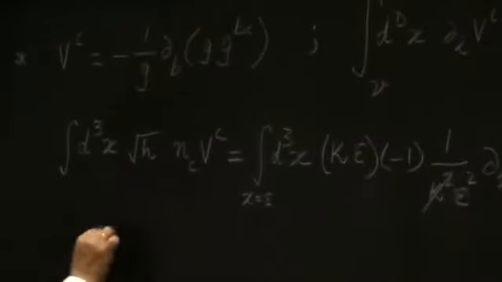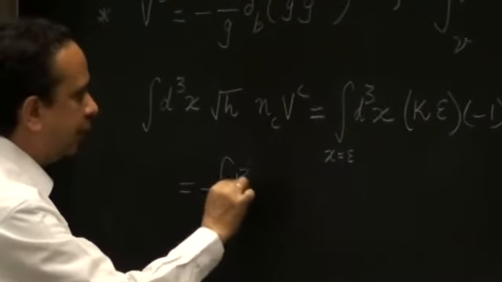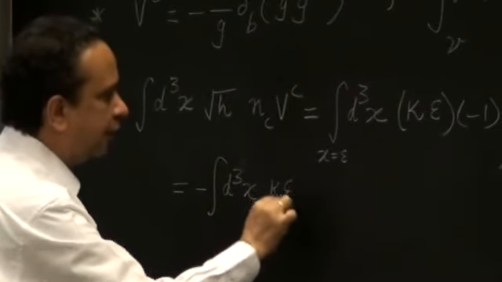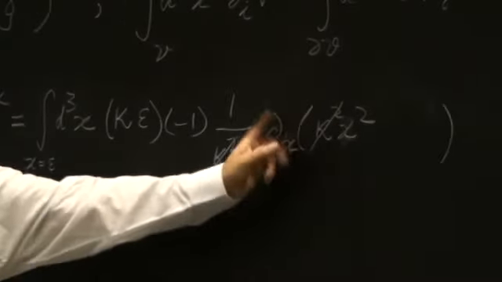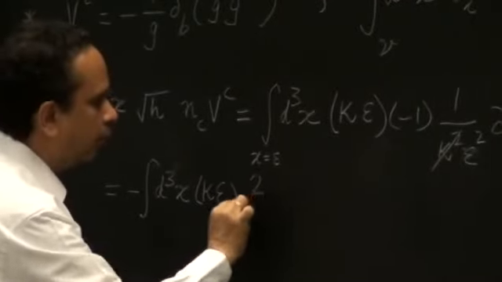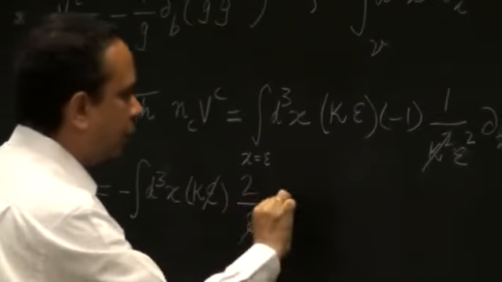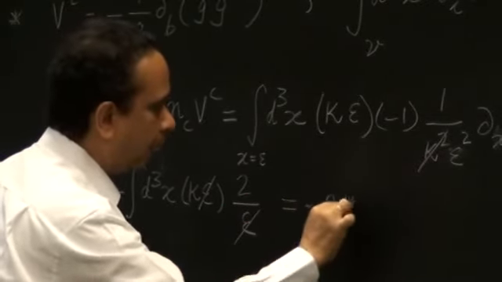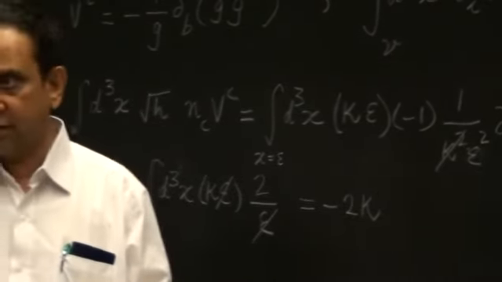This is minus the integral d3x kappa epsilon here. And when you take the derivative of x square, it is 2 times x, and that gives me a 2 over epsilon. So these epsilons also cancel out. So you get minus 2 kappa times the integral. What is this integral? We are on an x equals constant surface.